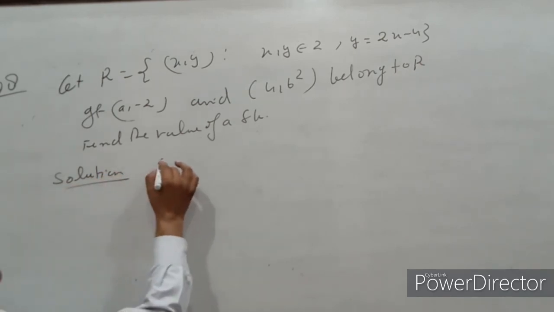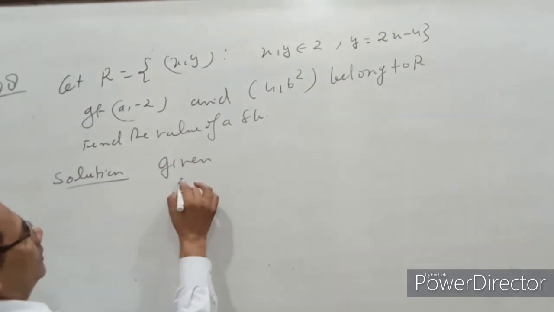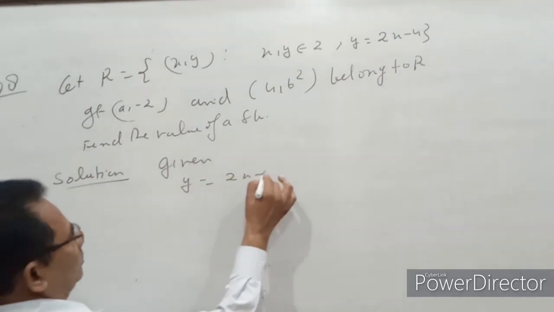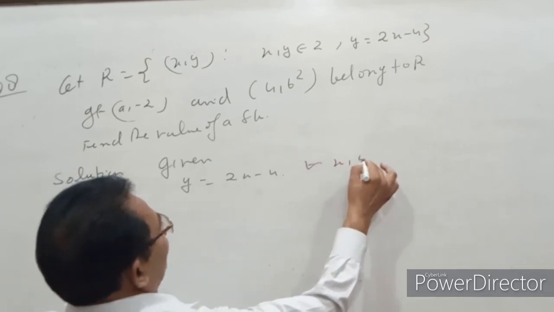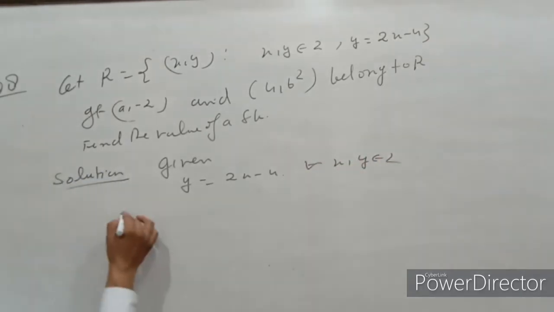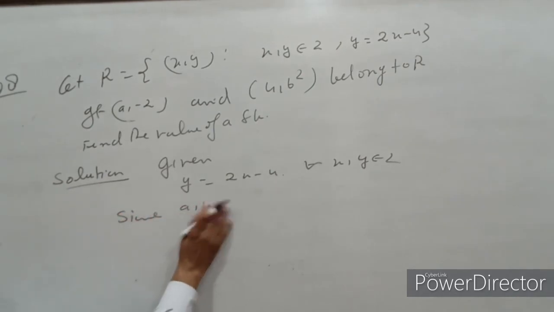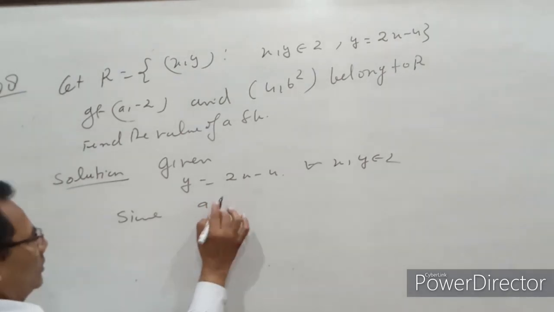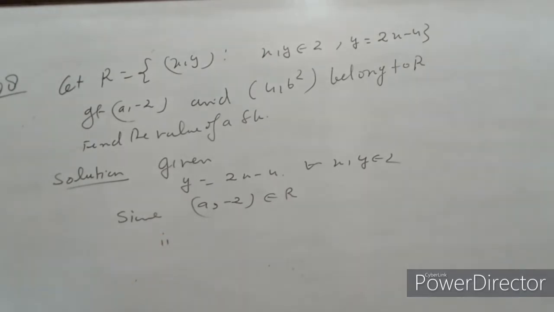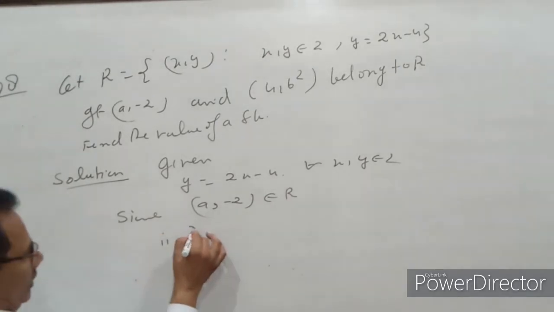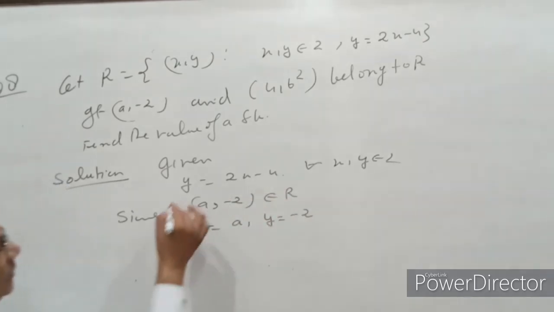The given relation R is y is equal to 2x minus 4 for all x and y belonging to Z. Since (a, -2) belongs to the given relation R, therefore x is equal to a and y is equal to -2.